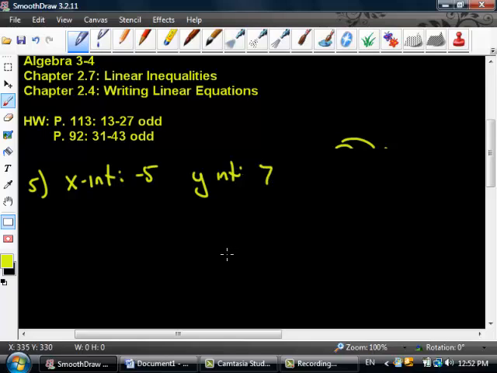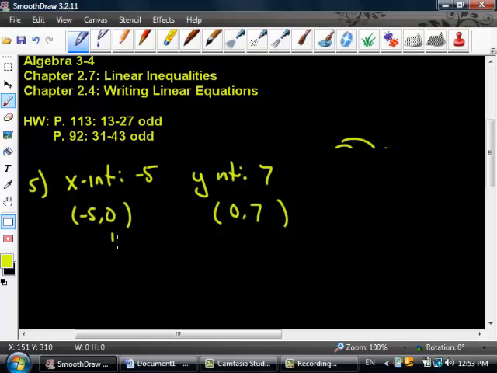And that's all they're going to give you. Right? But here, you have to be able to read between the lines and understand that they really did give you a set of coordinates here. If the x-intercept is negative 5, what are the coordinates of that point? Andreas? (-5, 0), which means that the next one, Andreas, is (0, 7).